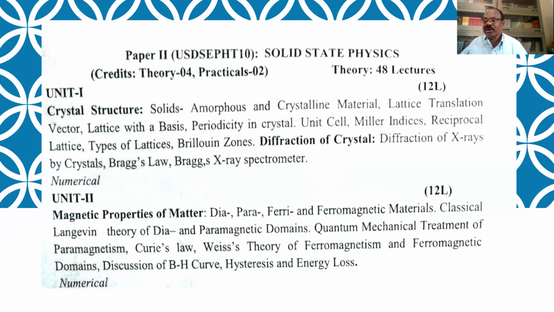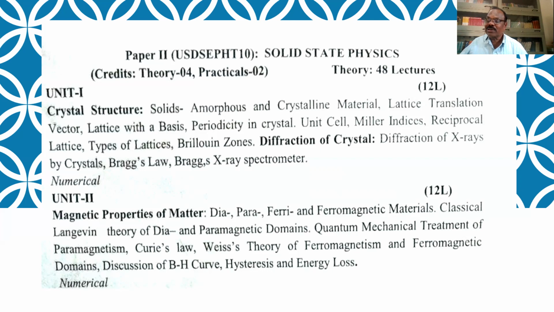Now, the second unit of this same paper is the magnetic properties of matter. Solid materials are differentiated into different types of magnetic material, that is diamagnetic, paramagnetic, ferrimagnetic, ferromagnetic, as well as antiferromagnetic material, according to their susceptibility and permeability.